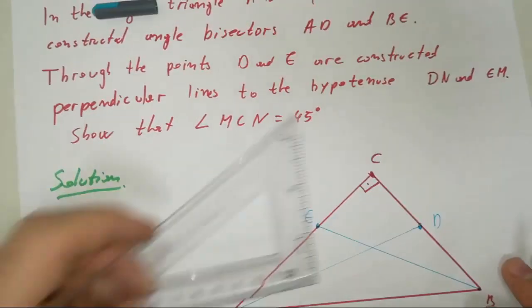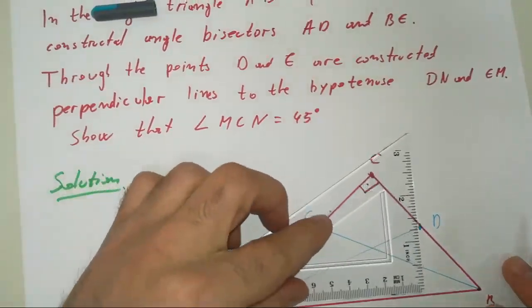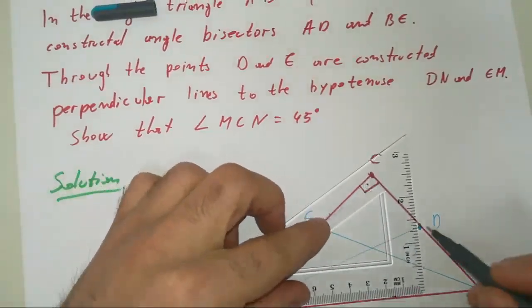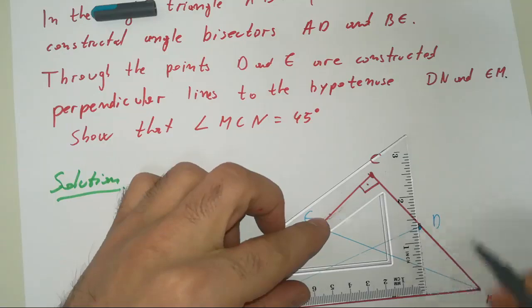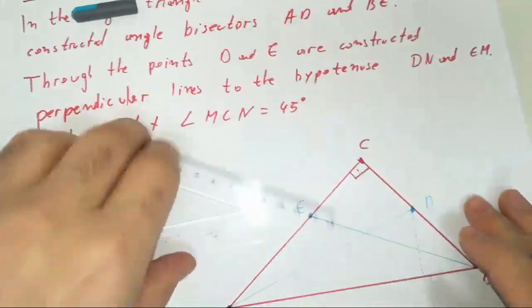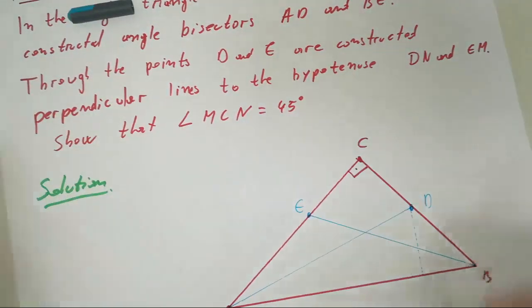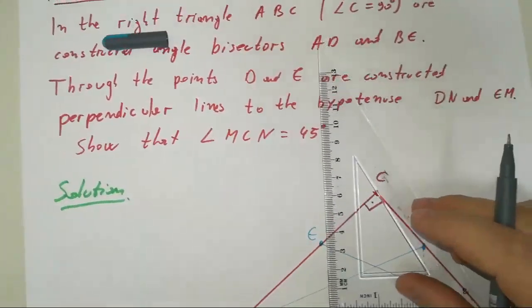Then we have perpendicular lines to the hypotenuse. It means that these lines, this one, and also this one.